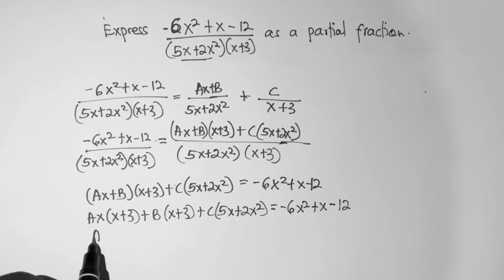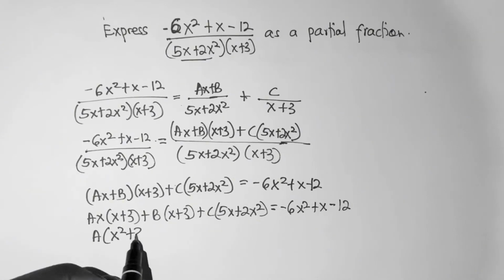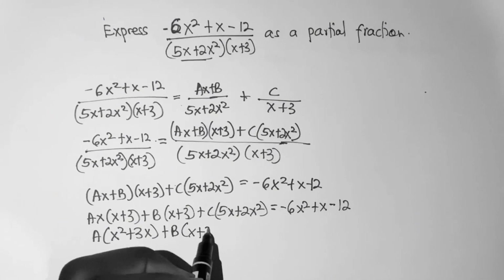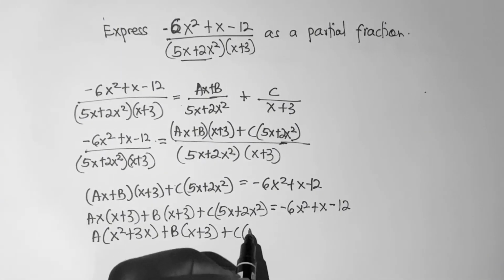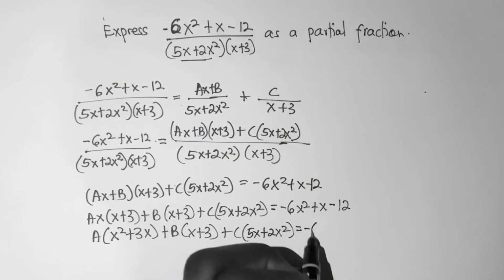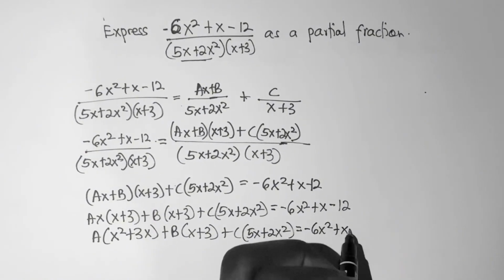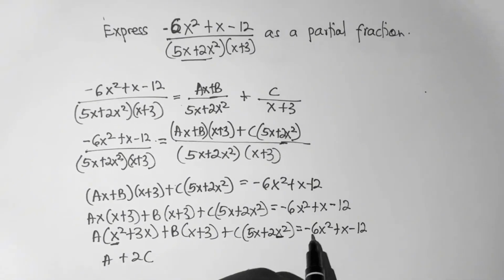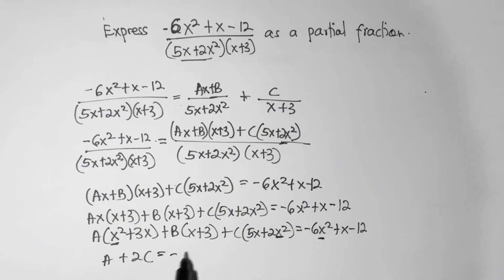So now this can also be written as a times x is x squared, plus x times 3 is 3x, and plus b times x plus 3, and plus c times 5x plus 2x squared, then equals minus 6x squared plus x minus 12. So now what it means is that here's x squared and here's x squared. So a plus 2c, then here's x squared equals minus 6. So this is our equation 1.